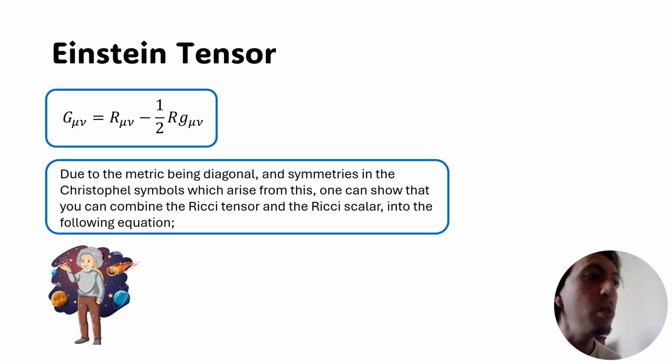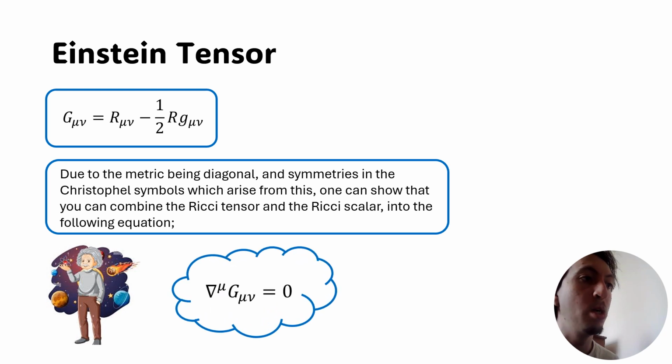And due to the symmetry of our Ricci tensor and the metric, and the fact that our connection coefficients are metric compatible, we can say that the covariant derivative of the Einstein tensor is 0.